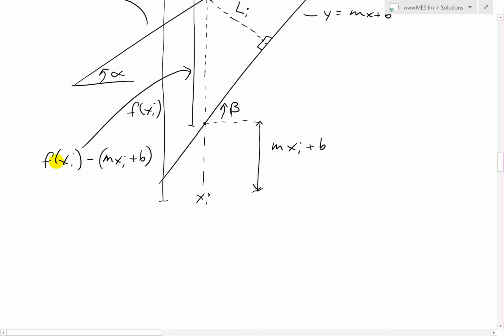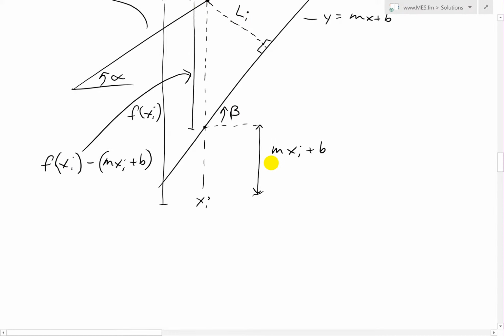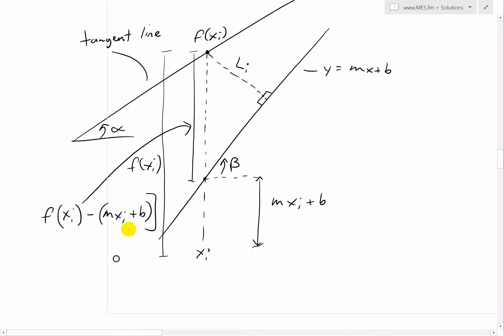So it's just subtraction of the two. And the reason we're doing that is because now we have a right angled triangle with a hypotenuse side here that we know, which is f of xi minus m xi plus b. Let's write this neater. Yeah, plus b.